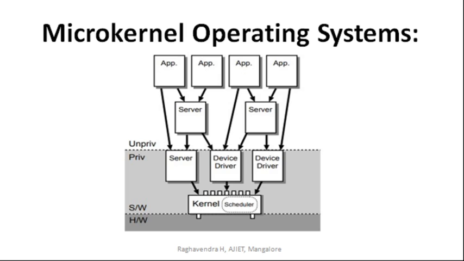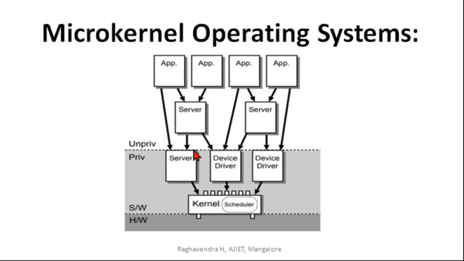In between there is a server, and there is one more server inside the software box. There is a privileged server and an unprivileged server. So it can communicate directly to the unprivileged server, or it can communicate to the privileged server.